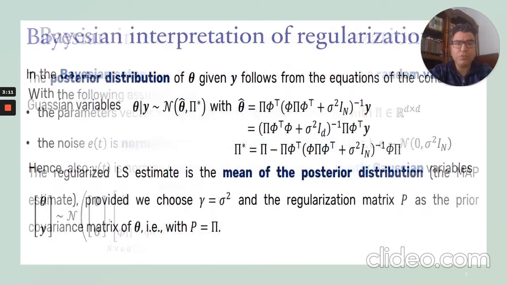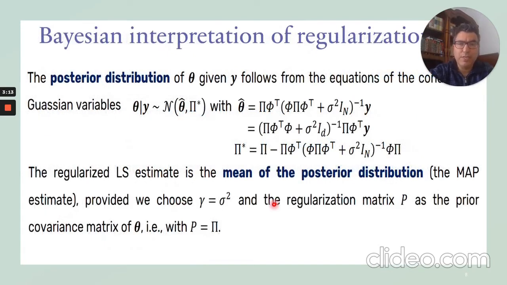Using the formula from before, the posterior distribution of theta given y is Gaussian, with mean theta hat given by this formula and covariance given by this form. If we compare the posterior mean with the regularized estimate, we see they are the same if we replace pi by P and sigma squared by gamma.